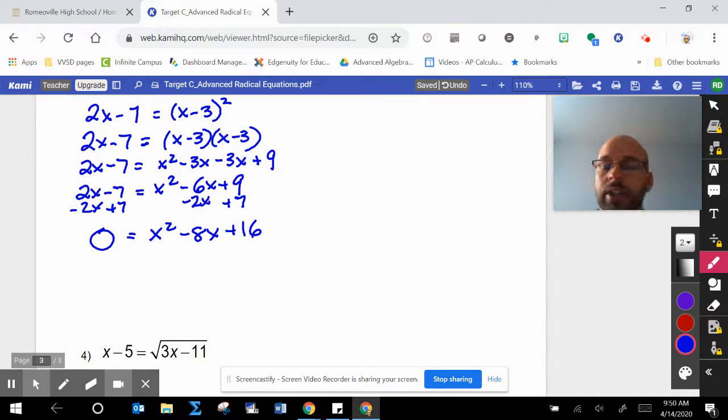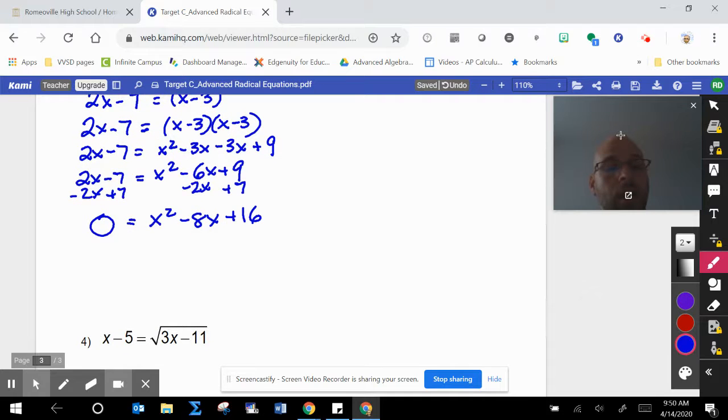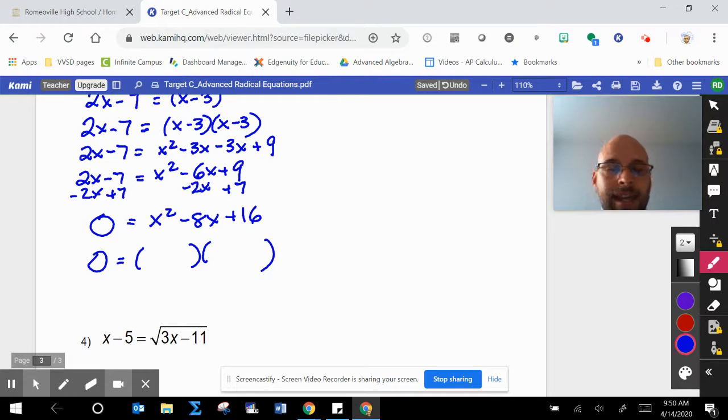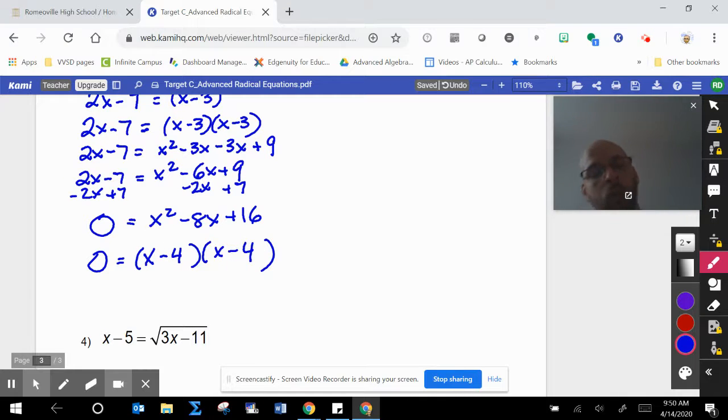Okay, so now I just need to figure out what the solutions are. So I'm going to try to factor this. So I need to know factors of 16 that are going to add up to a negative 8. In this case, it's going to be negative 4 and negative 4. Negative 4 times negative 4 is a positive 16, and negative 4 plus negative 4 is a negative 8.